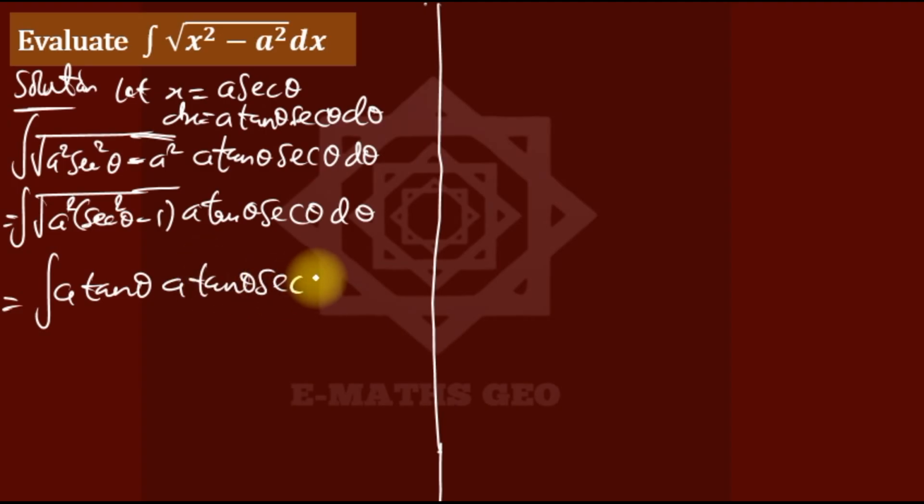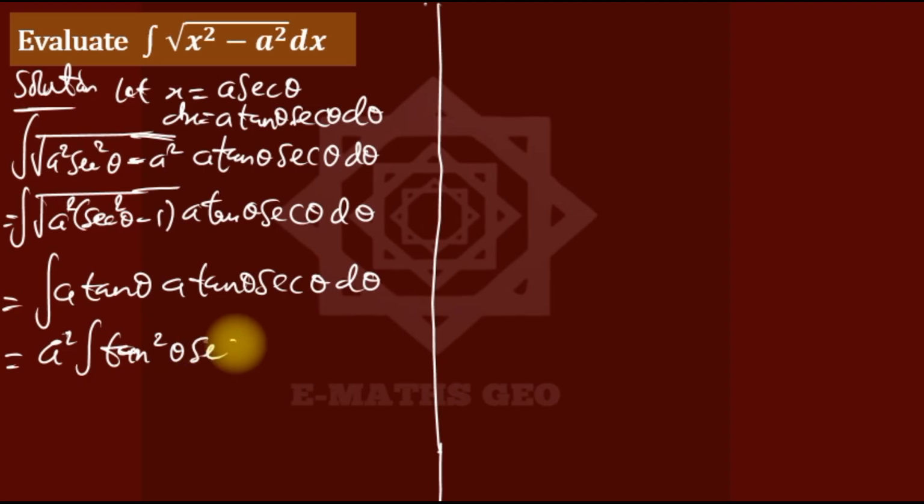sec theta d theta. So this is equal to, bringing out the constant, a squared, times the integral of tan squared theta sec theta d theta.